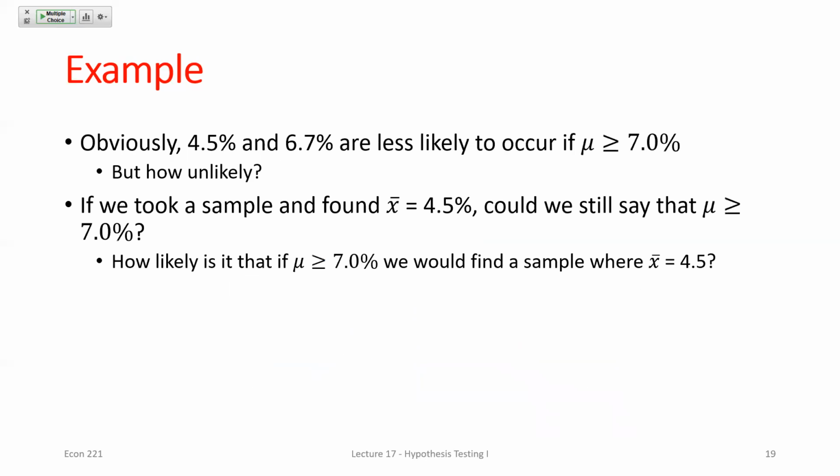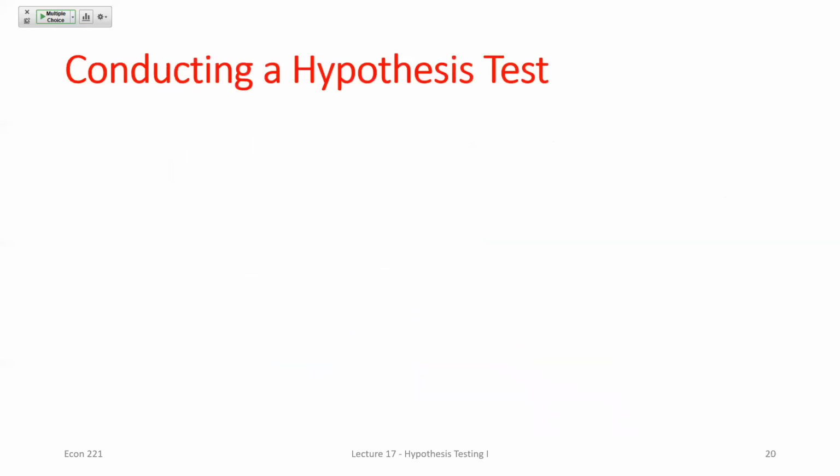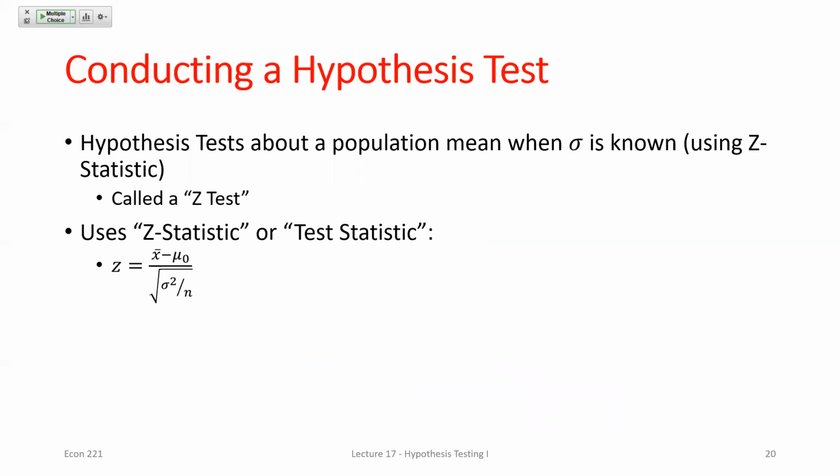So how would I do that? So how do I turn that 4.5 into the z-value? It's going to look exactly like what we were doing before. The only difference is now instead of using the true population mean, we use the assumed true population mean. Right?